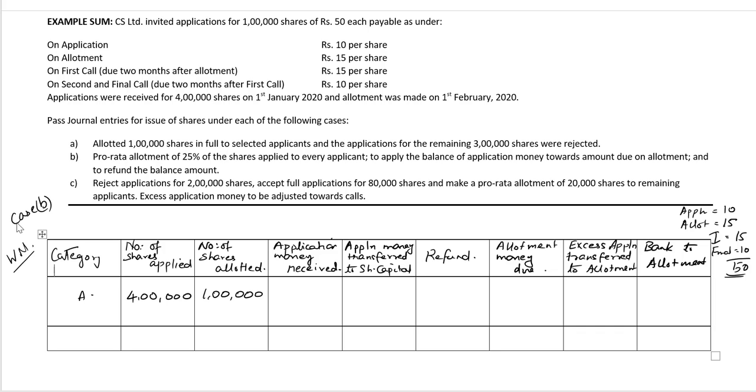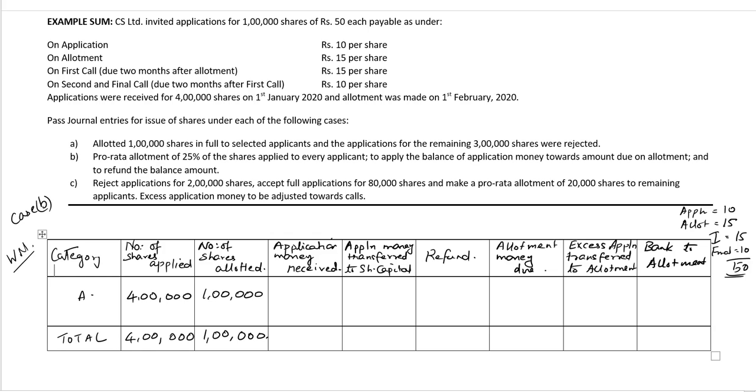There is only one category because we know that the number of shares applied by the public is 4 lakh shares and the number of shares allotted is the number of shares issued, which is 1 lakh shares.